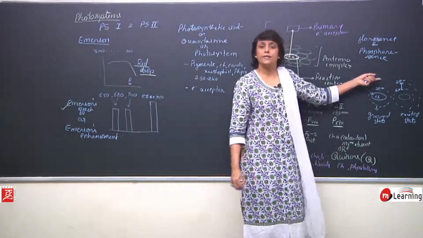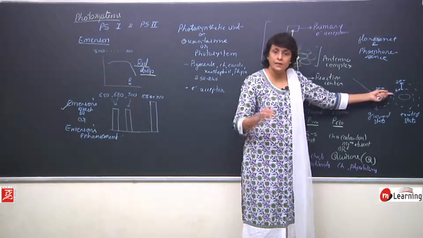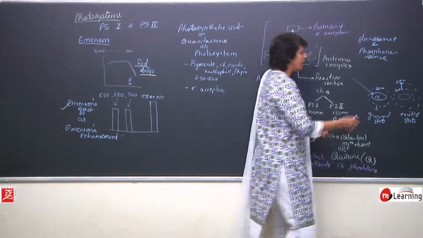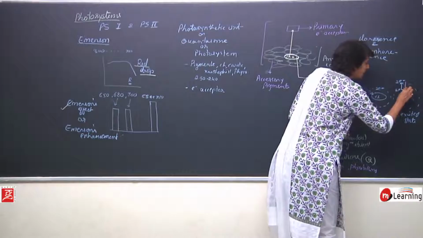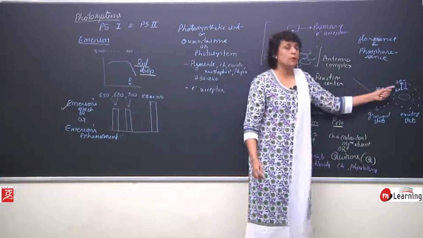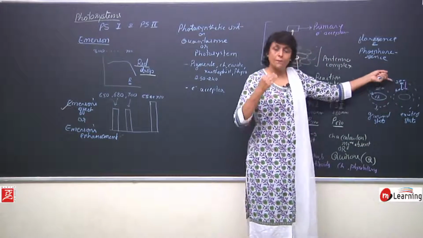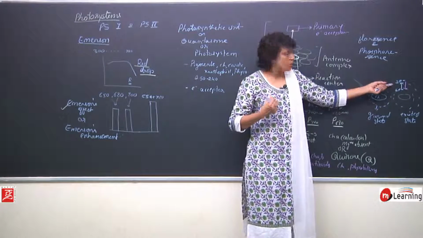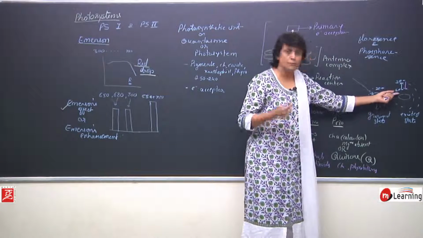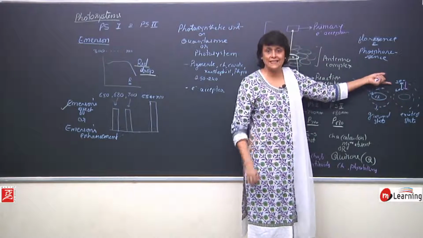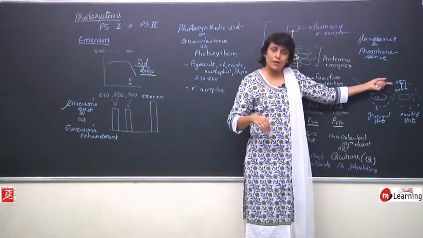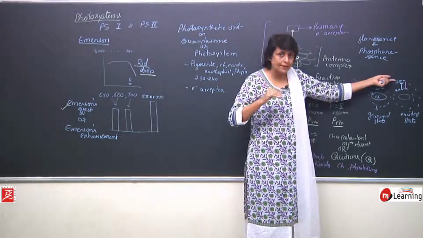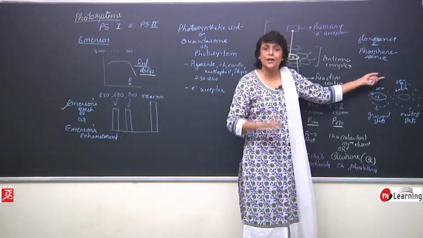Normally, it is the tendency of every particle to remain in its lowermost energy state. So, this electron would tend to come back to its ground level. Why did the electron jump? Because it absorbed energy. Its energy increased and that is why it jumped from the ground level to the excited state. It has a tendency to come back. When it comes back from the higher energy level to the lower energy level, what happens to that extra energy?